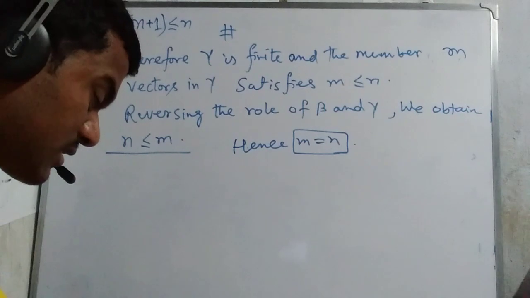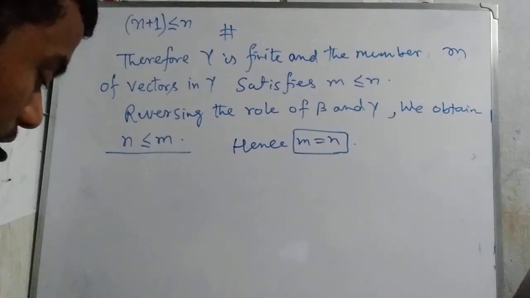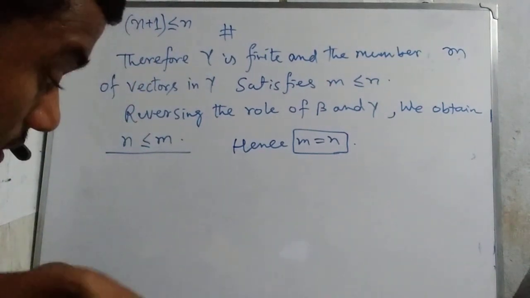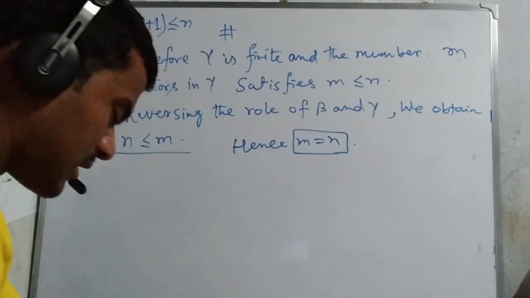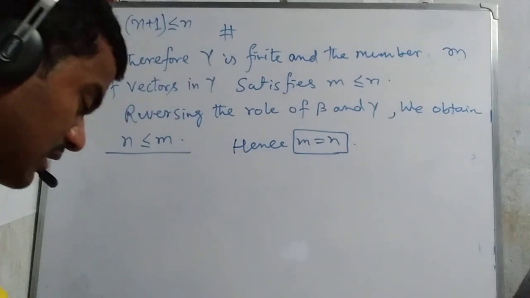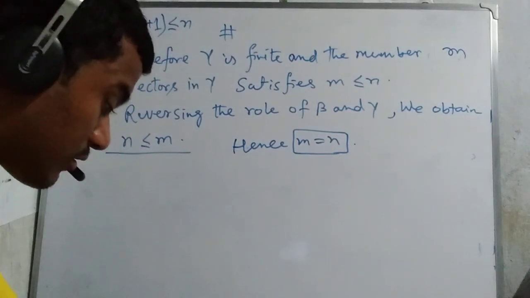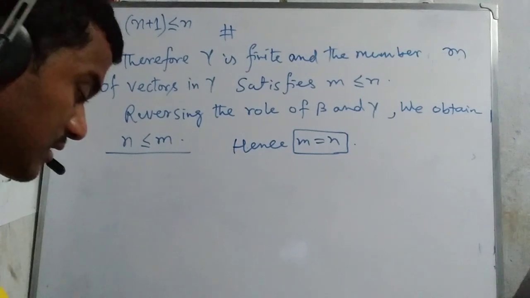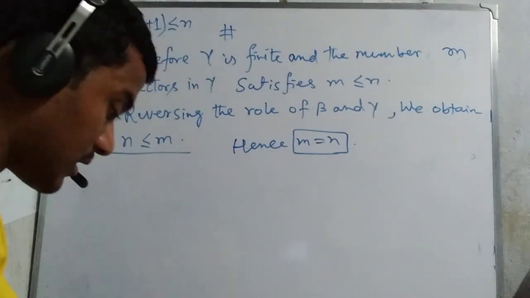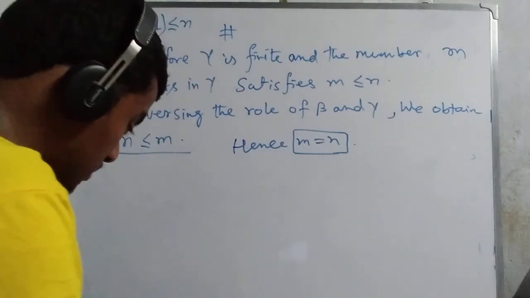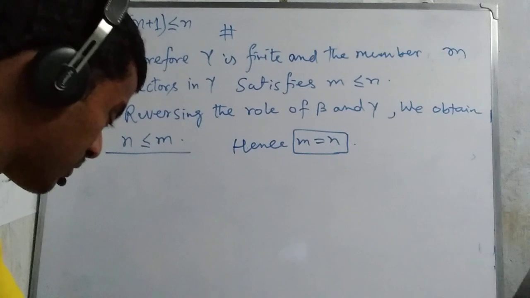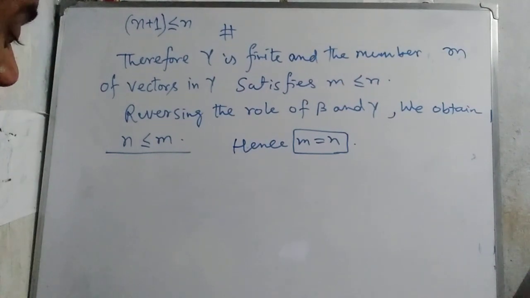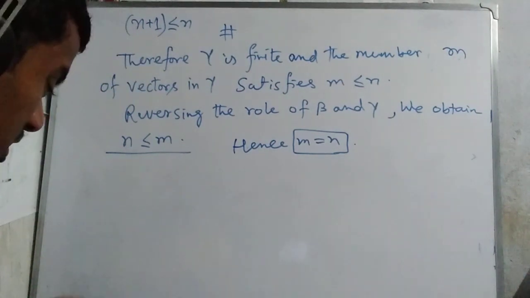If V is a vector space generated by a set G of exactly n vectors, and L is a linearly independent subset of V containing exactly m vectors, then m is less than or equal to n, and there exists a subset H of G containing exactly n minus m vectors such that L union H generates V. In this way we proved the replacement theorem, and the corollary states that if V is a vector space, then every basis for V contains the same number of vectors.